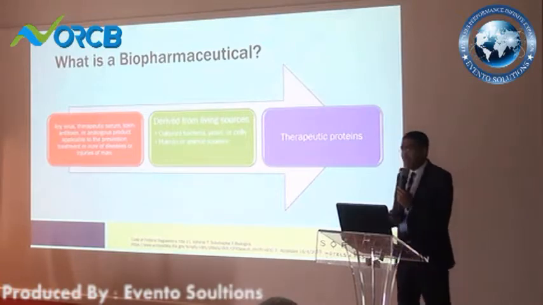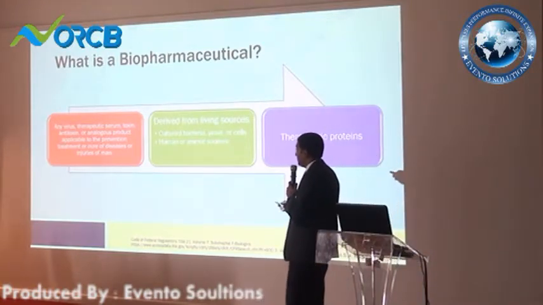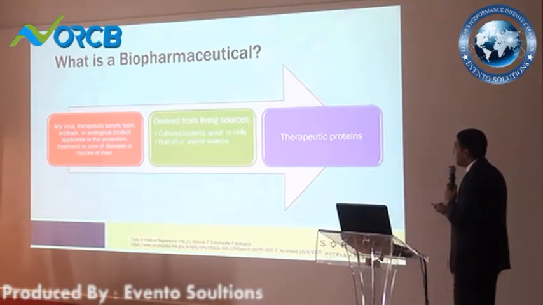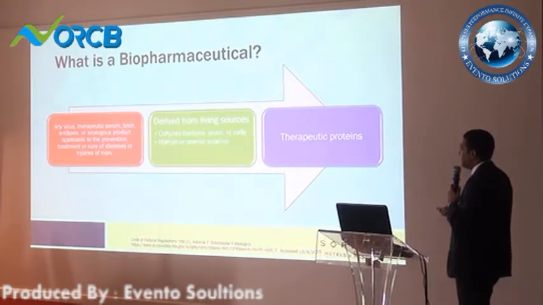First of all, biopharmaceutical is a definition for any virus or any therapeutic serum, toxin, antitoxin, or analogous products applicable to the prevention, treatment, or cure of a disease or injuries of the human. They are derived from biological origin.